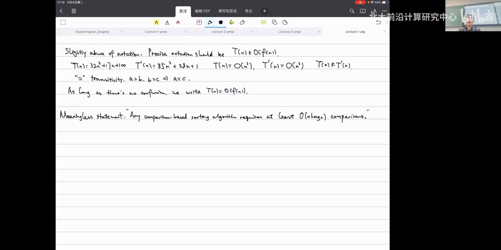Yes. If you want to talk about an algorithm requiring a certain cost, it makes no sense to use big O notation. In general, if you want to talk about how inefficient an algorithm is, it does not make sense to use omega notation. By the definition of big O notation, 1 is O of n log n. Are you saying that any comparison-based sorting algorithm requires at least one comparison?